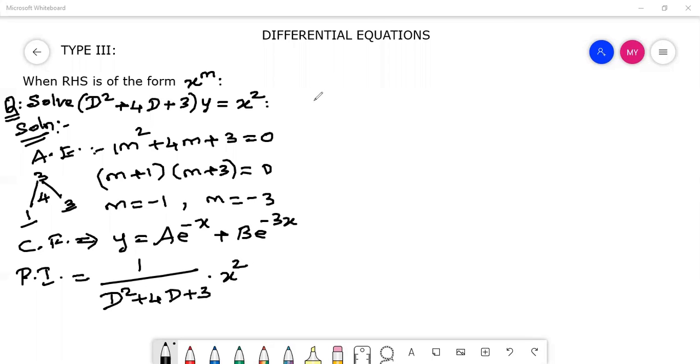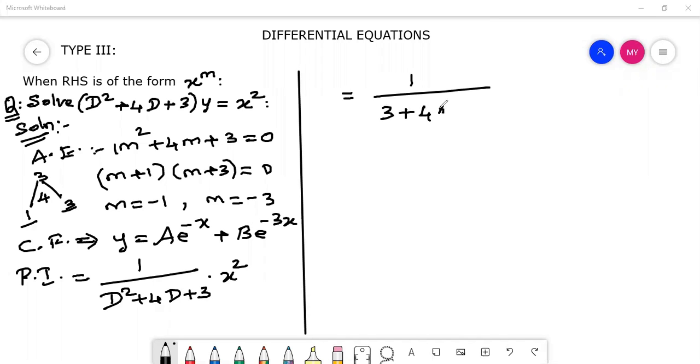In this type of question, whatever constant is there, you have to take it to the front. So it will be 1 over (3 + 4D + D²) times x². Along with the symbol, here we have positive, so I have written positive. Everything is positive.